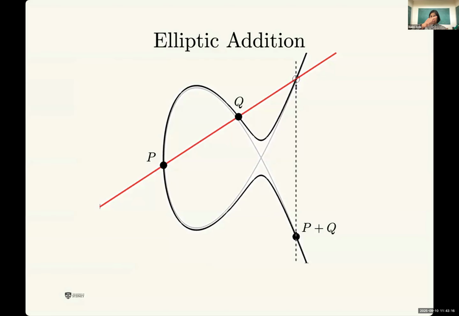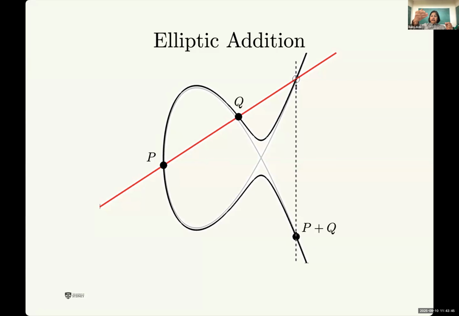that although I have this continuous motion in terms of parameterization in t, I also have discrete motion through the addition formula. The addition formula is shown here. It comes from intersecting one such elliptic curve with a straight line. If I have two given points, I can draw a line through them, through P and Q. It will intersect the curve again because it's a cubic curve. There's a third point of intersection.